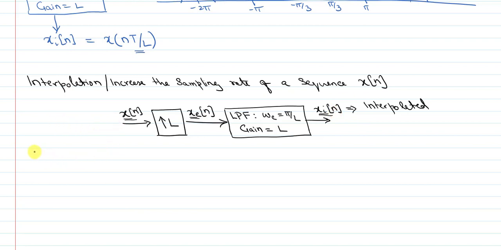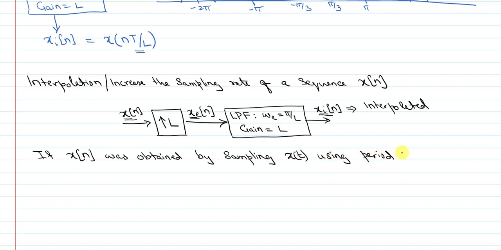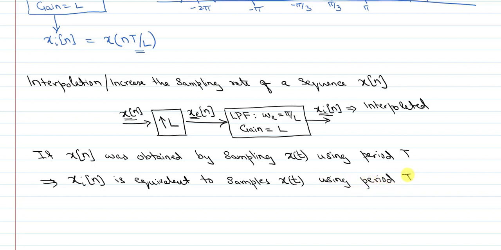In particular, if x[n] was obtained by sampling x of t using period t, then x_i is equivalent to samples of x of t using sampling period t over L. And since L is an integer, effectively we are reducing the sampling period.